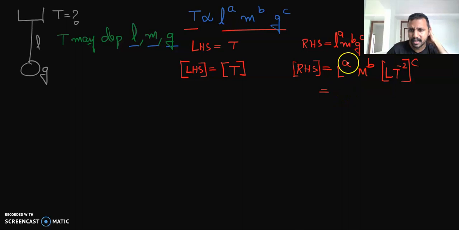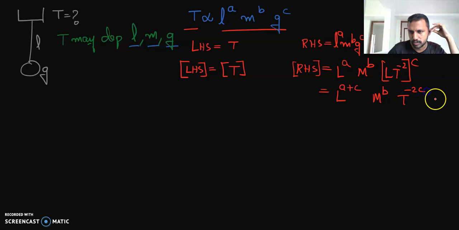L raised to A, and if I am expanding this bracket, there will be an L raised to C. L raised to A into L raised to C is L raised to A plus C. Then there is an M raised to B over here, and if I am expanding this bracket, T raised to minus 2 whole raised to C is T raised to minus 2C. Is that clear?